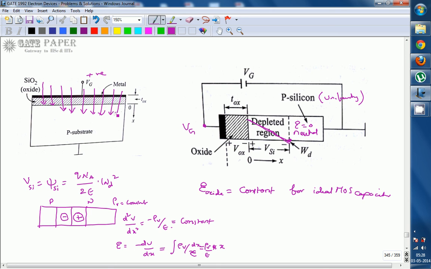If you observe the flux lines at this silicon dioxide interface, the flux lines just above it, in the oxide region, and just below it, near the interface, are the same, since the flux lines are continuous across the oxide silicon interface.